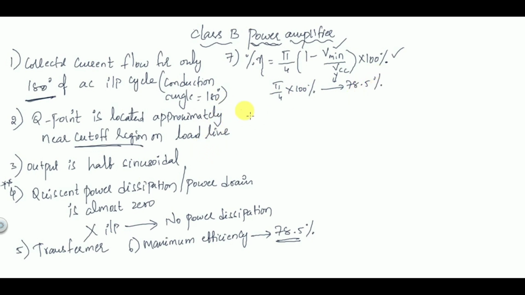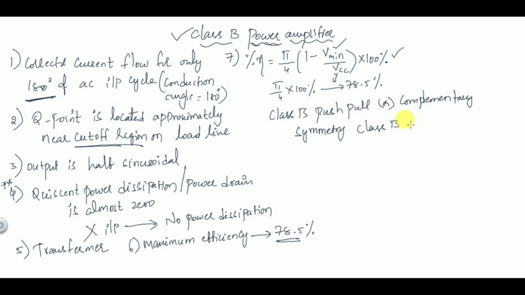Okay, so the next important point is, this is transformer coupled class B power amplifier. There is another configuration of class B which is called class B push-pull amplifier, or complementary symmetry class B power amplifier.